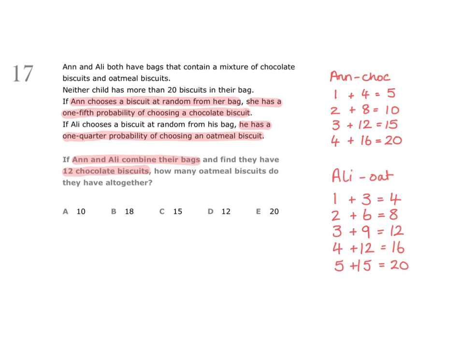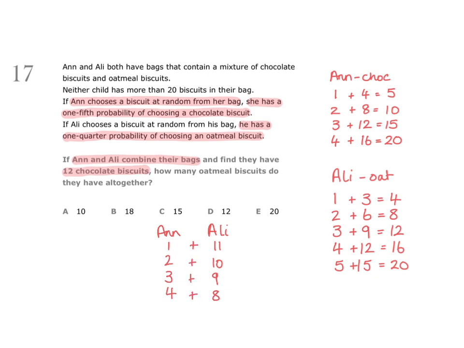Remember, Anne can have 1, 2, 3 or 4 chocolate biscuits. So if this is Anne, she could have 1 chocolate biscuit, 2, 3 or 4. And that would mean that to make up the 12 biscuits, Ali would have to have 11 or 10 or 9 or 8. Remember, those numbers must add to make 12.